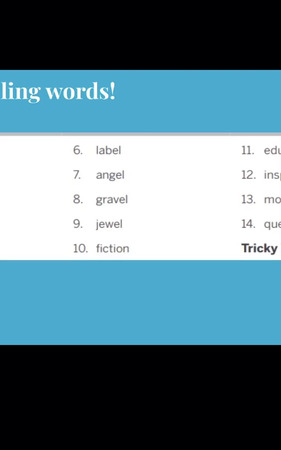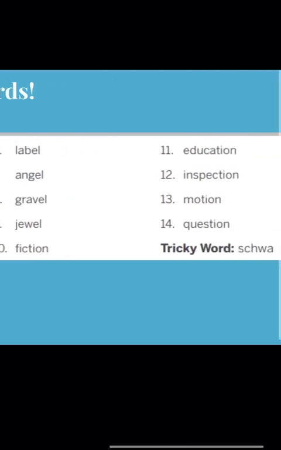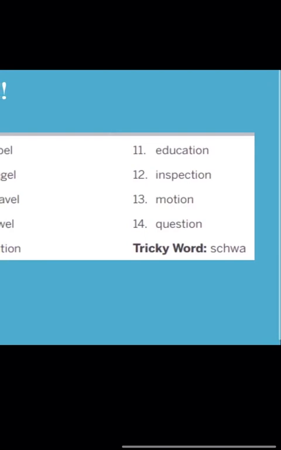Okay, notice number 6 through 9 has that EL on the end, and that EL is making the O sound. In number 10, we have that Sean sound, right? Spelled T-I-O-N. Okay, number 11, education. Number 12, inspection. 13, motion. 14, question. And your tricky word, schwa.